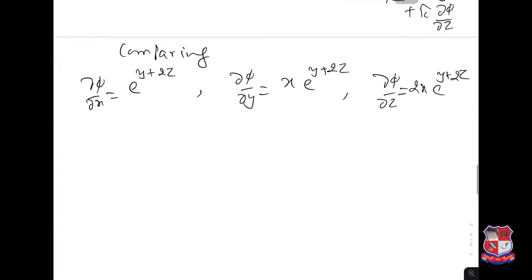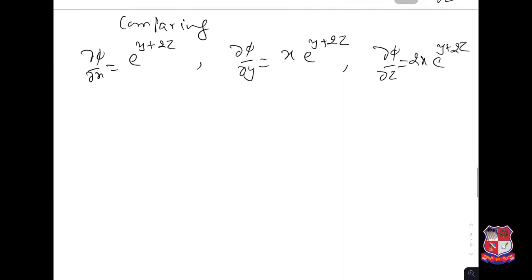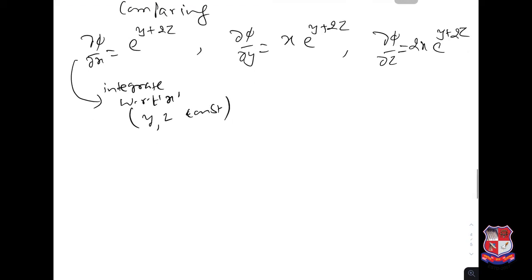We want to find out phi, so that's not difficult. Now take the first one. So this we integrate with respect to x. But now what we will consider as constant? Variable y and variable z are constant. So integration of del phi by del x with respect to x and integration of e power y plus 2z with respect to x.